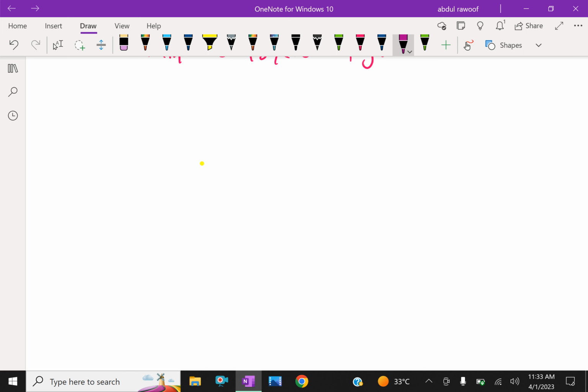For Kepler's third law, we have Tm squared over Te squared equal to the radius of Mars cubed over the radius of Earth cubed.